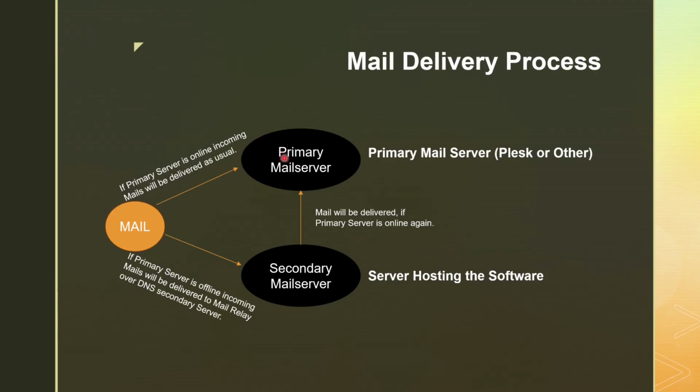But in case this primary server is offline, the mail would normally be rejected, and the sending user would get a message like "mail couldn't be delivered." But if you set the software up, the mail will not get rejected, and it will be transferred to the secondary server, the server where this software is installed. The email would be saved on the server until the primary server is online again, and delivered when it is.